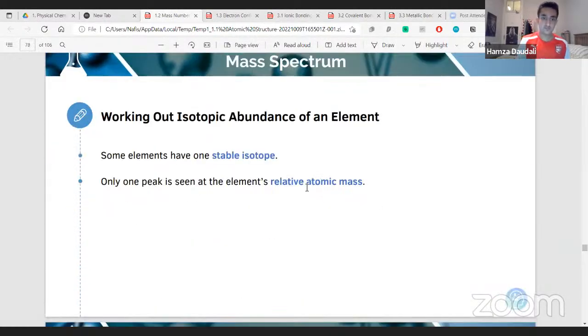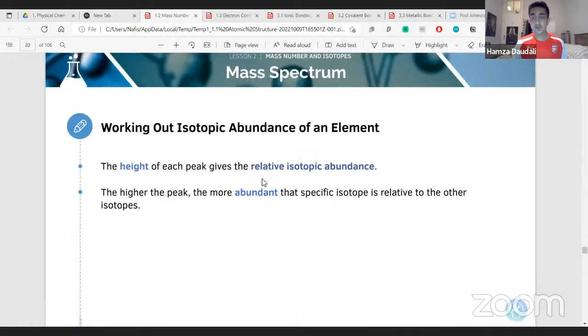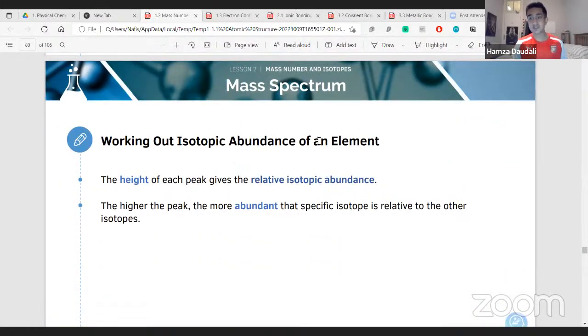Some elements tend to only have one stable isotope. One example of this is uranium. Uranium-235 is unstable and can decompose very quickly, so it is very unlikely to be seen on an isotopic abundance. The height of each peak gives the relative abundance. The higher the peak, the more abundant that isotope is relative to the other isotopes.